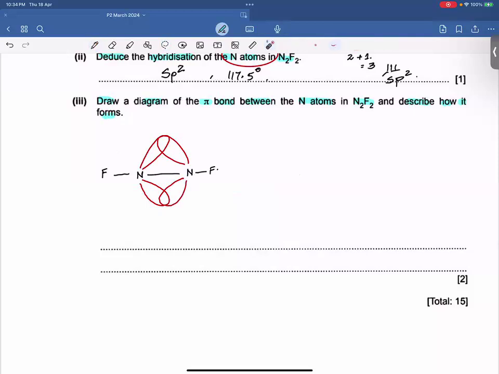Now, a pi bond is always formed through sidewise overlapping of p orbitals. As you can see, this is sidewise overlapping of p orbitals. Okay. In other words, you can draw this structure like this.